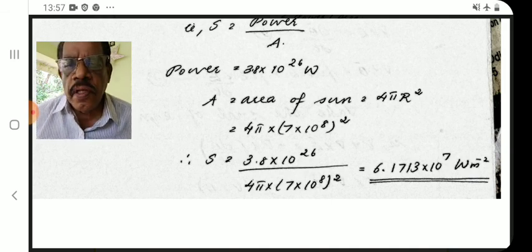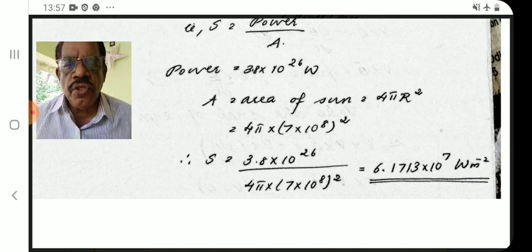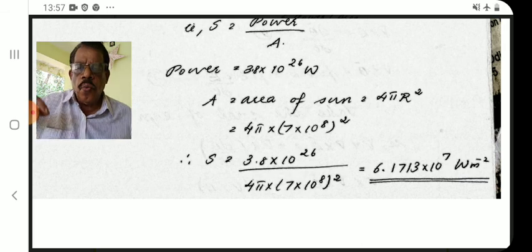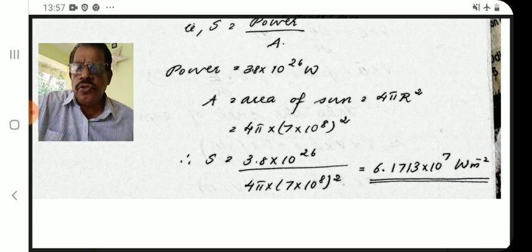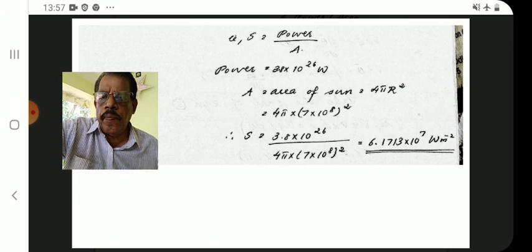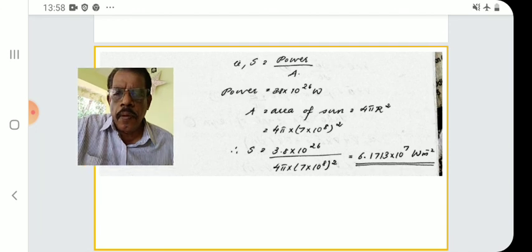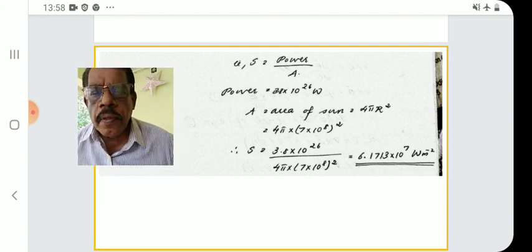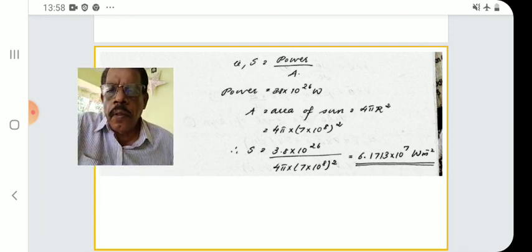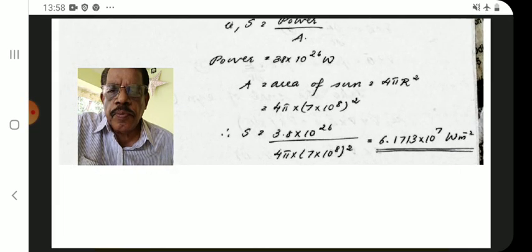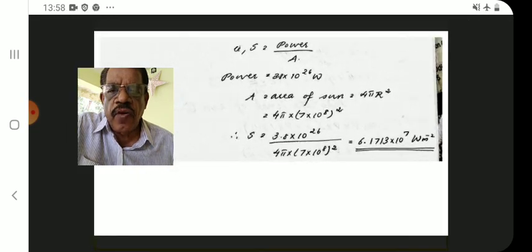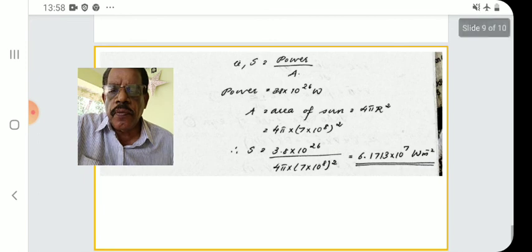That is 6.1713 into 10 raised to 7 watt meter raised to minus 2. The answer is 6.1713 into 10 raised to 7 watt meter raised to minus 2.